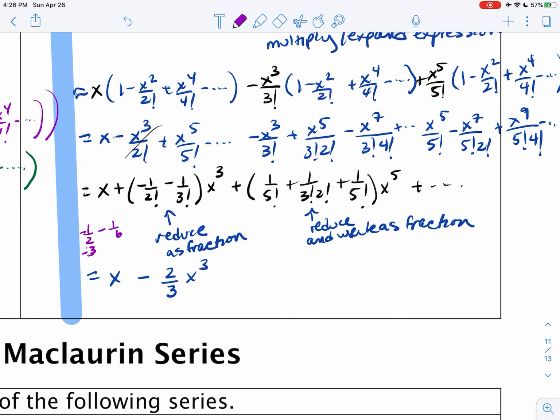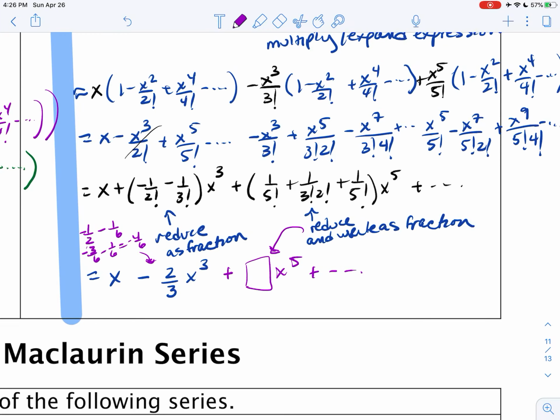Good. So remember, this is minus 1/2 minus 1 over 6, and so we would have minus 3/6 minus 1/6, and that's minus 4/6, and that's minus 2/3. Good. And so here we would insert that fraction here times x to the 5th plus dot dot dot. Good. And that's how we would want to write the first couple terms.